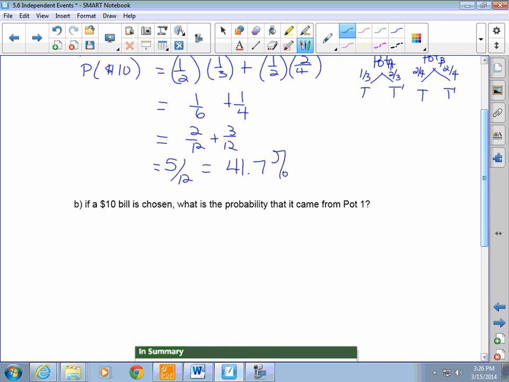So B says, if a $10 bill is chosen, what is the probability that it came from pot 1? So it's saying you're getting a $10 bill. What are the chances it came from pot 1? So we're looking at pot 1, given that it's a $10 bill.